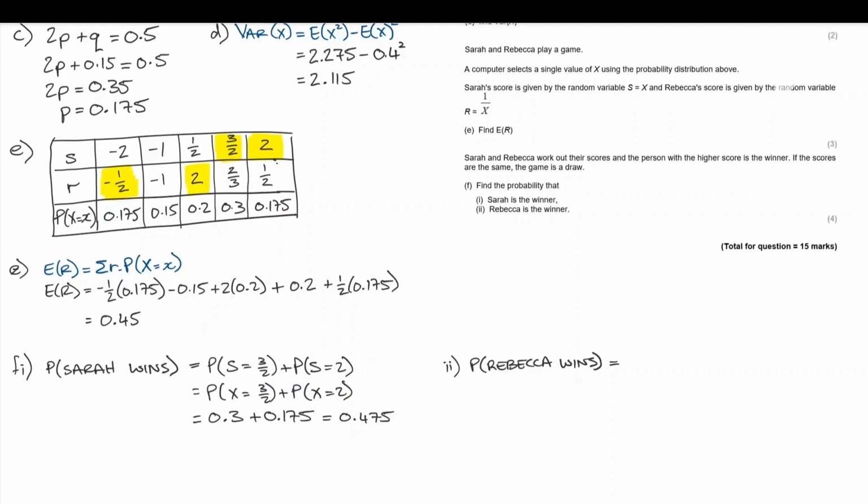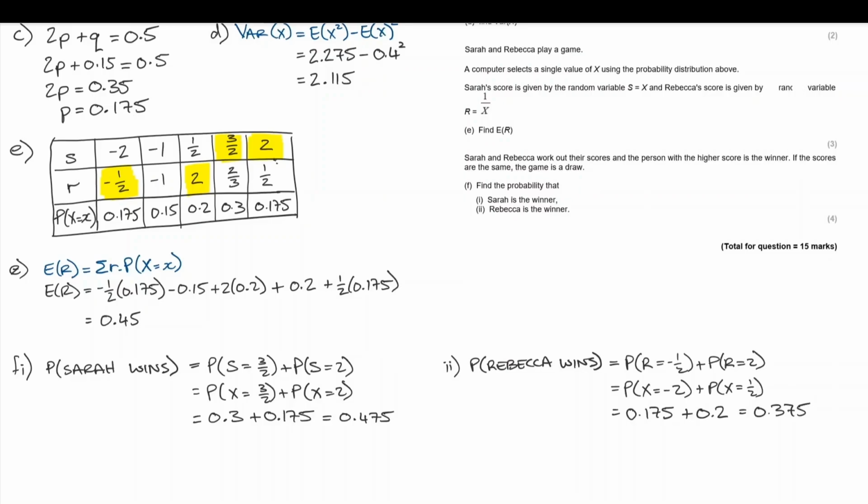So there are 2 outcomes where Rebecca wins: where her score is -1/2, and where her score is 2. On the original table, this would be when the number selected is -2 and when it is 1/2. Either way, the probabilities to combine are 0.175 and 0.2, giving us 0.375.